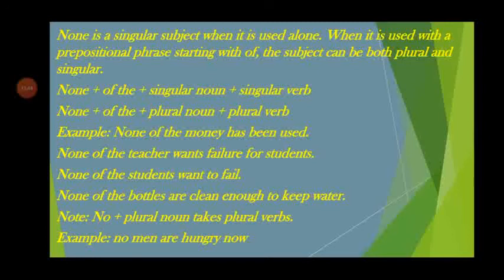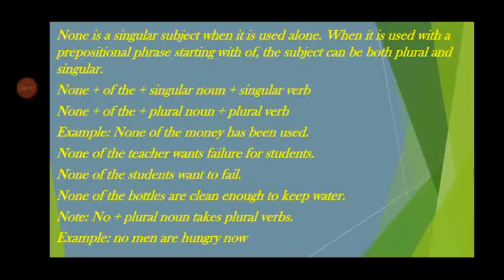When it is used with a prepositional phrase starting with of, the subject can be both plural and singular. For example, none of the plus singular noun plus singular verb. As an example, "None of the money has been used."